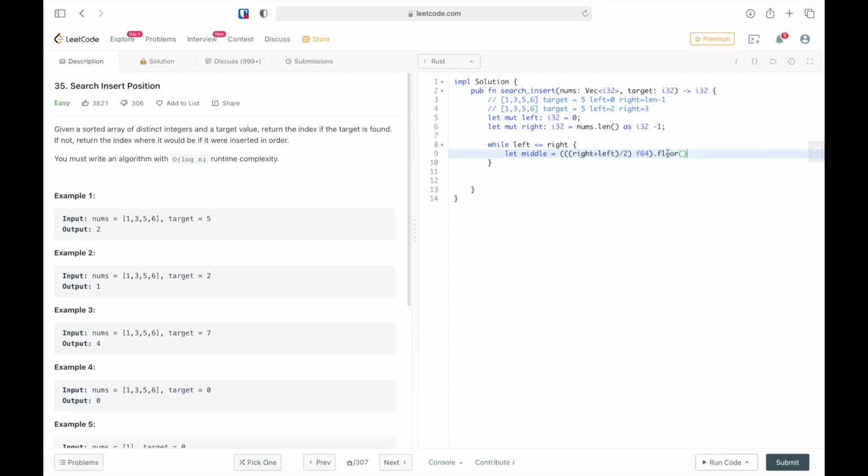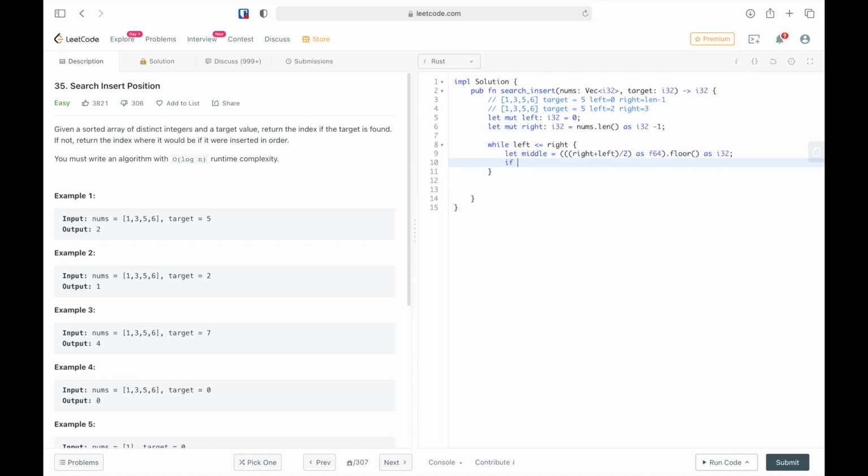And then once we've floored, we want to cast this down, so we cast it as i32. So left and right divided by 2, we cast it as f64, then floor this, and then cast it down to i32.